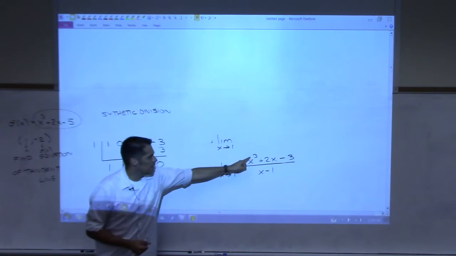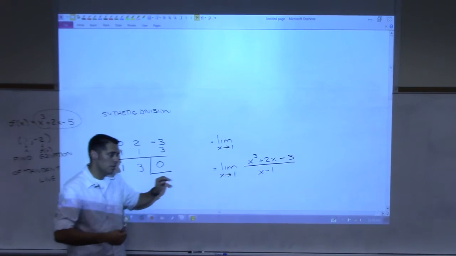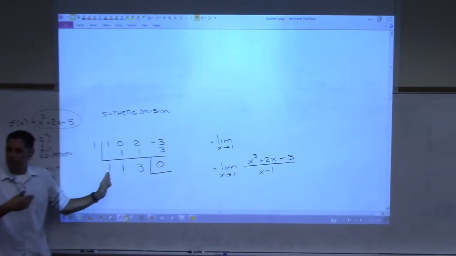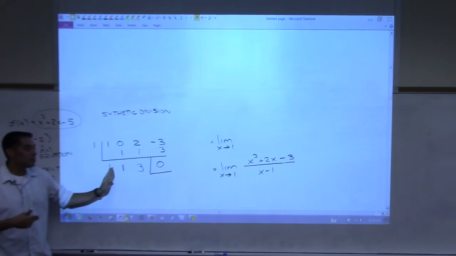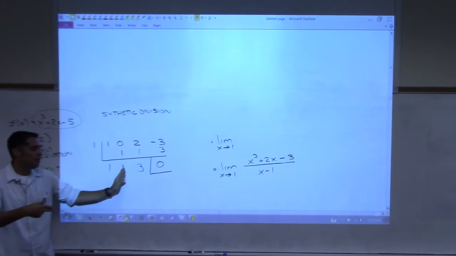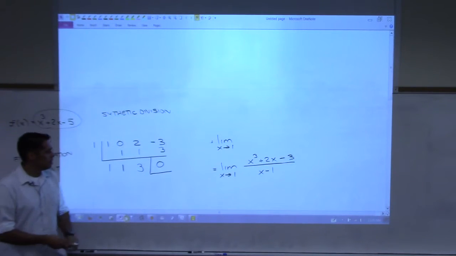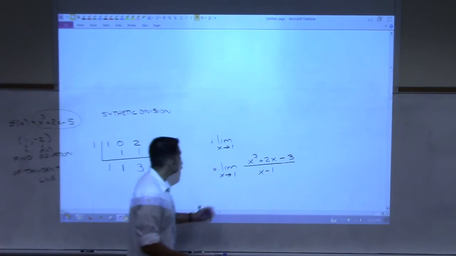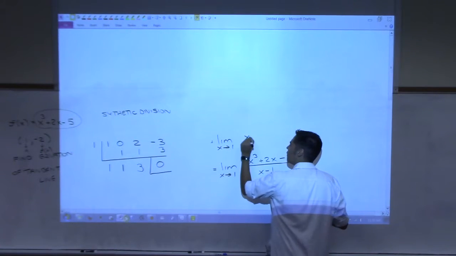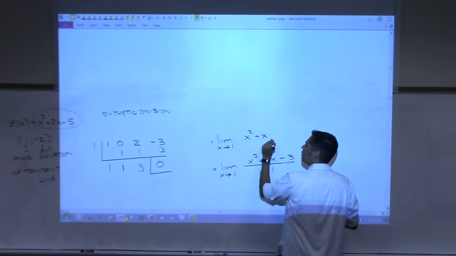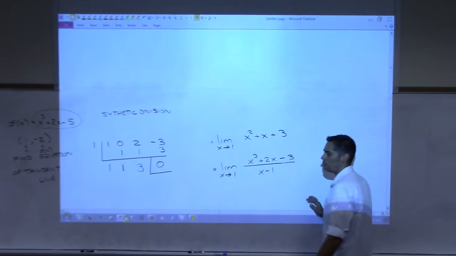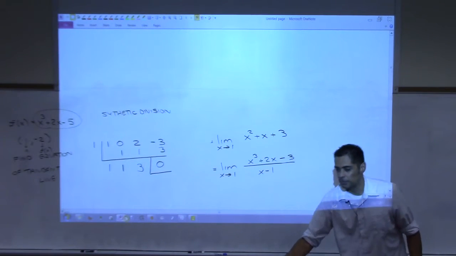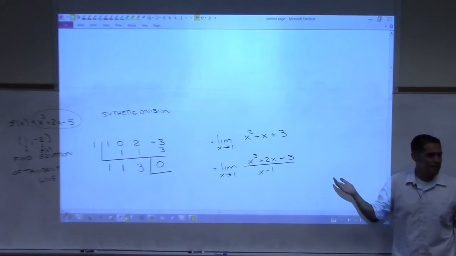Yeah, the highest power here was x cubed, so you know this is going to be a 1 in front of x squared, then plus a 1 in front of an x, and then plus a 3 with no x's. Yes? Okay, so this becomes x squared plus x plus 3. That's it. We no longer have division by 0, do we?